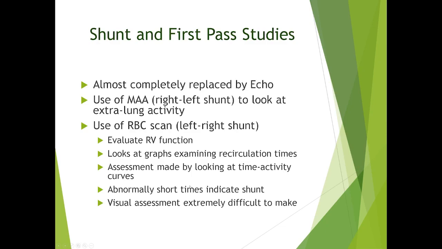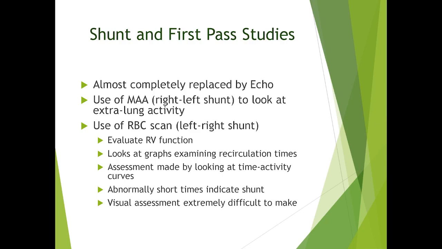Another, older aspect of cardiac nuclear imaging is shunt and first pass studies. And again, most of these are almost completely replaced by echo. There are various studies depending on what you want to look at, right to left shunt or left to right shunt, and they have very different approaches.